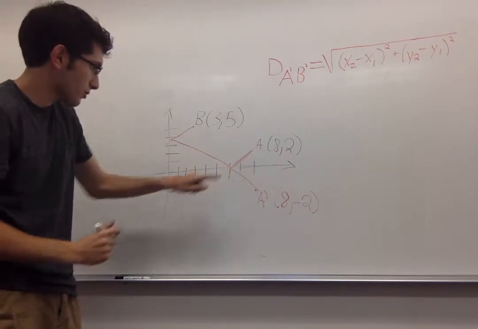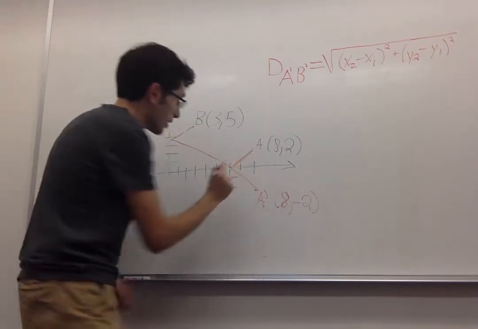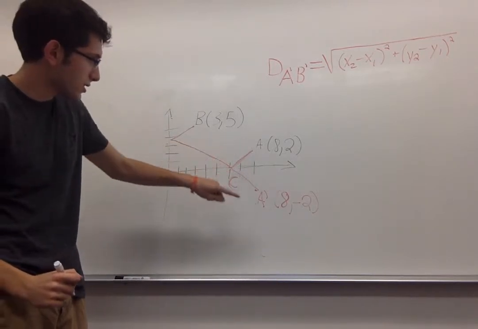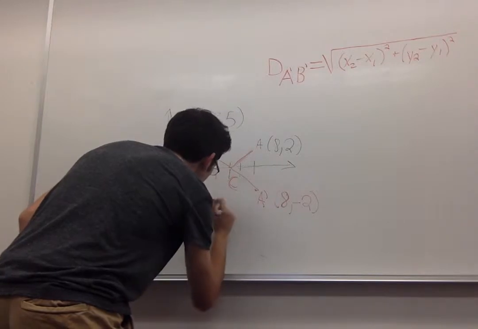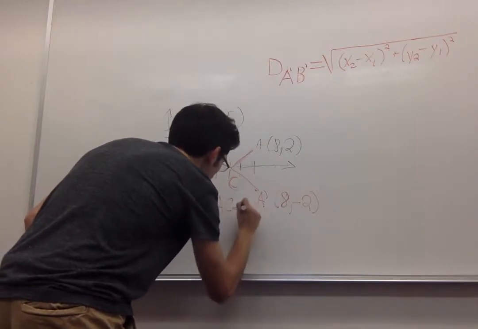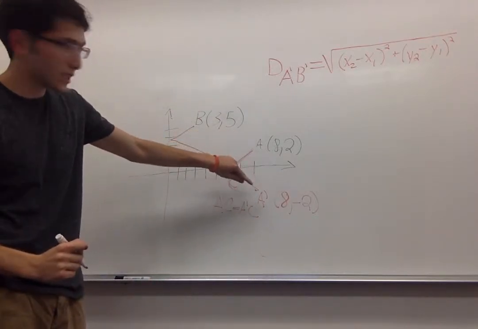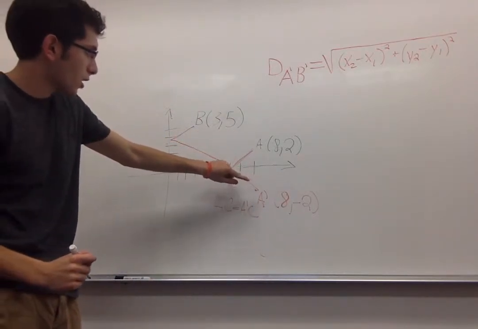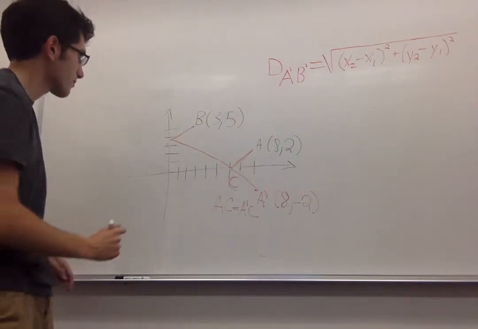We're going to call this point right here C, and AC is equal to A prime C. We flipped over the x-axis because we want to find a straight line in order to find the distance easier.